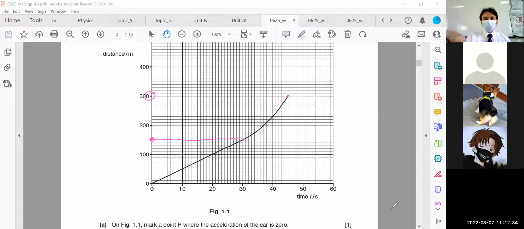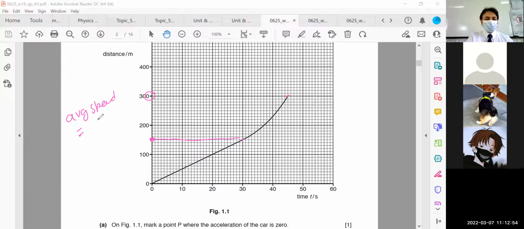To calculate the average speed, sir, I did 300 minus 150 divided by 45 minus 30, which is equal to 10 meters per second. Average speed equals total distance upon total time taken, or displacement upon time taken.